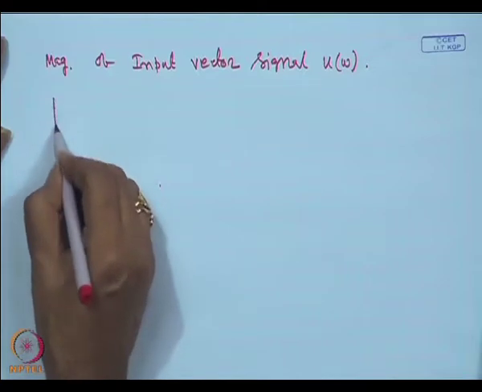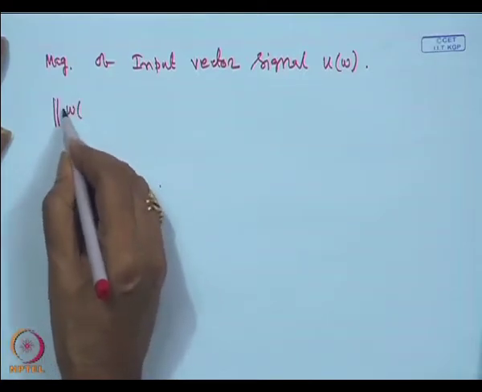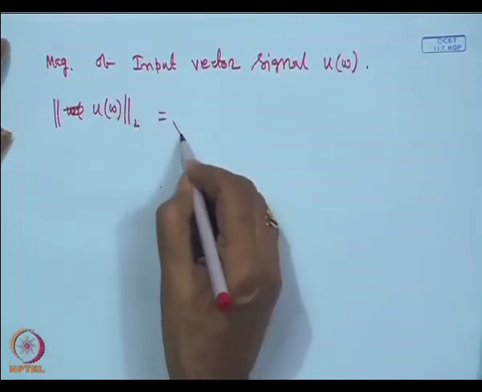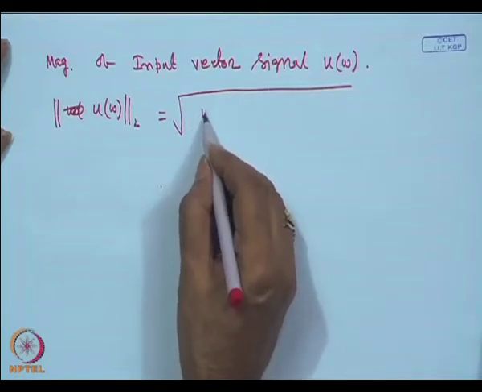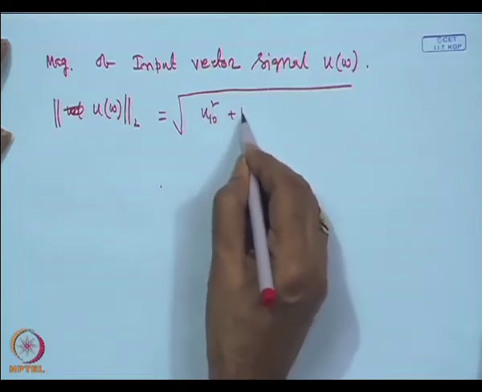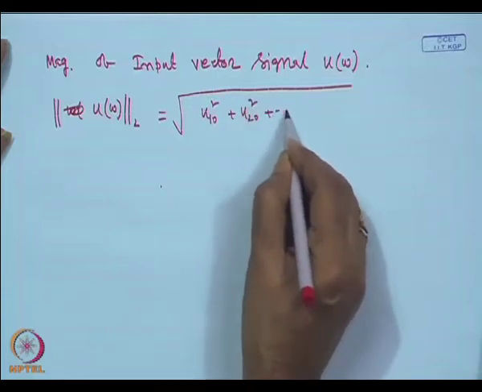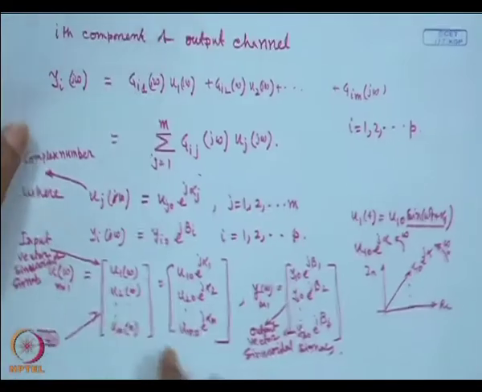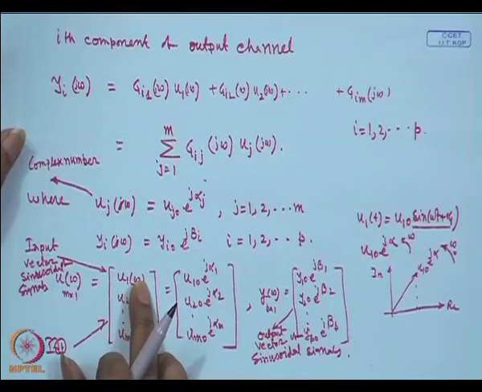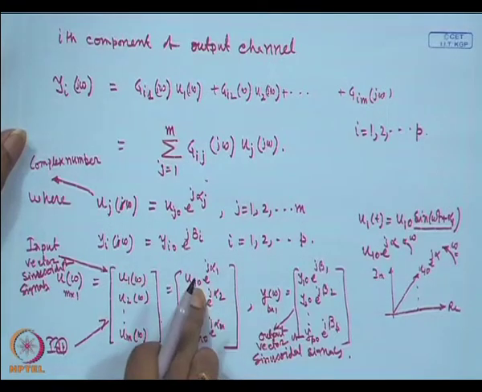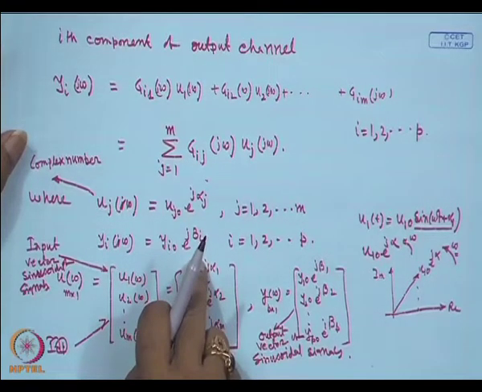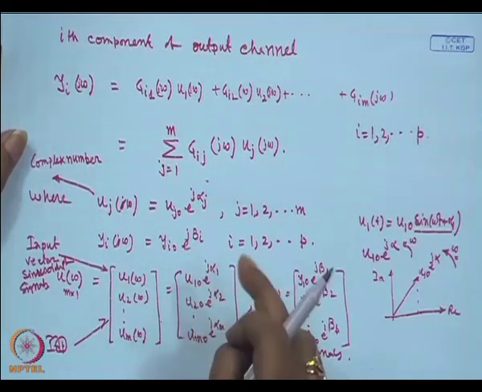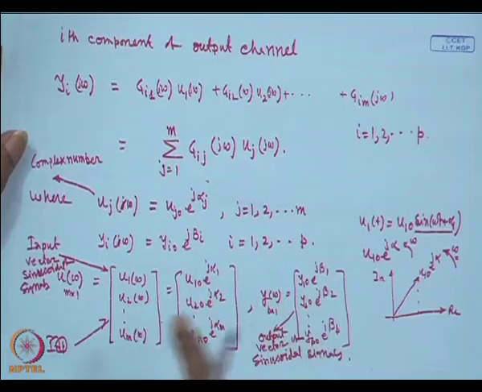What is the magnitude of a vector? It is nothing but the Euclidean norm: the root over u1(0) square plus u2(0) square plus dot dot u m(0) square. Consider one element: its magnitude is u1(0) square, but the vector has m elements, so take the sum of the individual squares and then the square root.